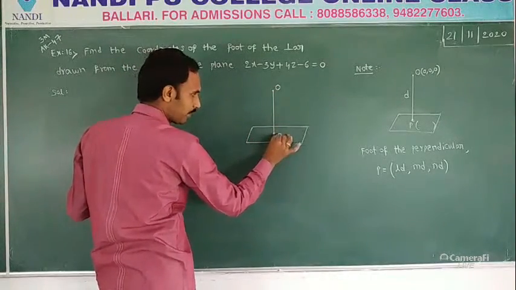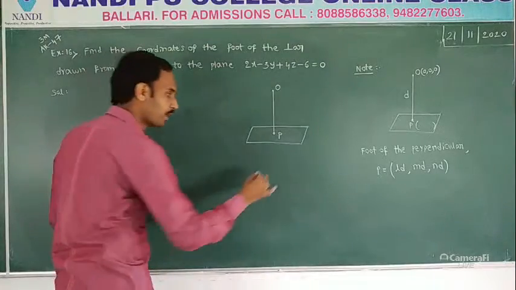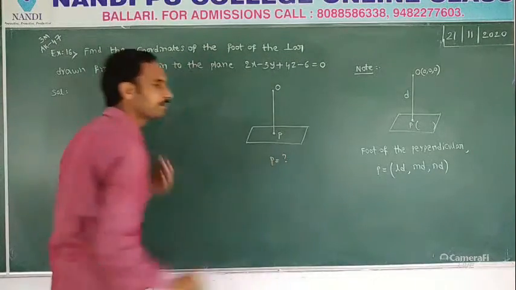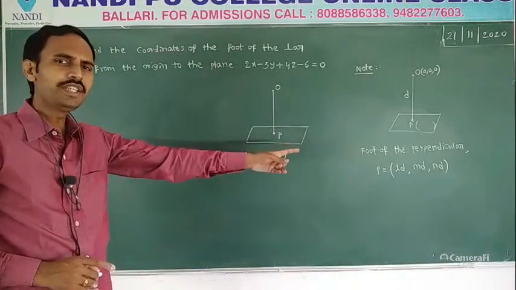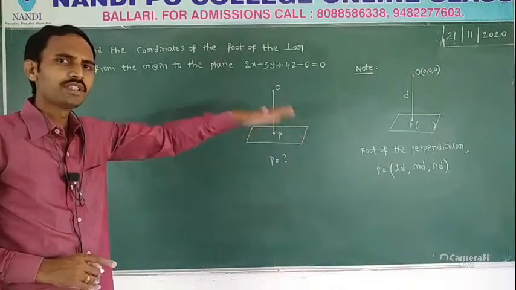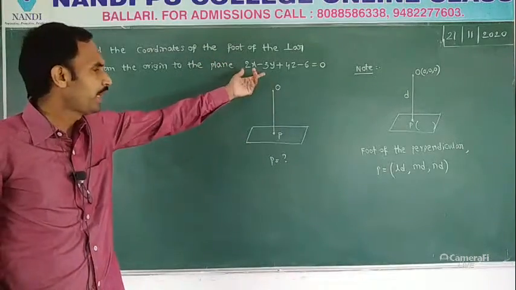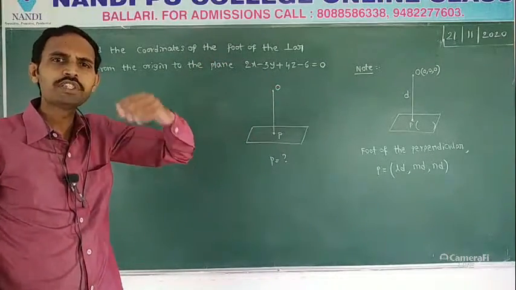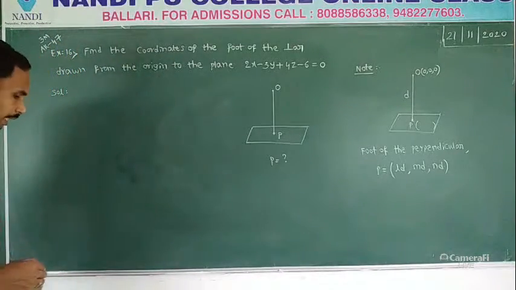It meets the plane at the point P. Then P is called the foot of the perpendicular. So what are the coordinates of P? Just now I gave the formula: LD, MD, ND. That means change the plane into normal form, because I want L, M, N. Okay, write the given plane. Draw the diagram.